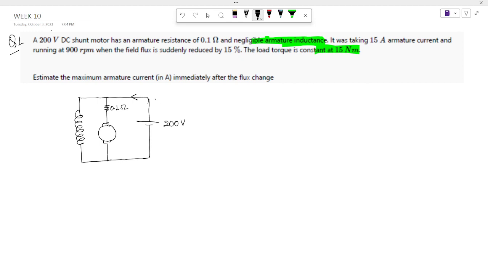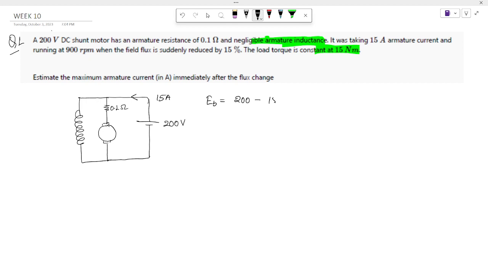The current it is drawing is 15 ampere. Can you tell me what is EB? It is 200 minus 15 into 0.1.